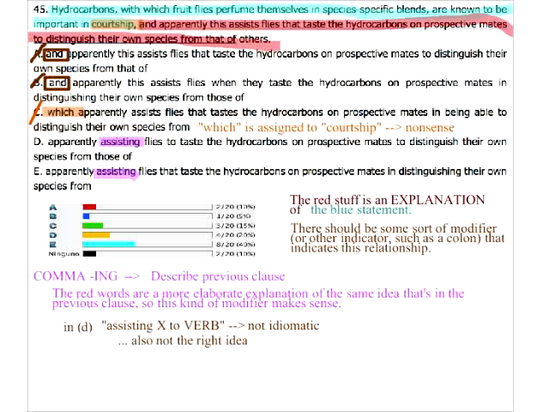There's also "those." "Those" doesn't stand for anything here, and that's the problem, because it is from other species. So "others" already means other species. So let's write that out: distinguishing their own species from other species.